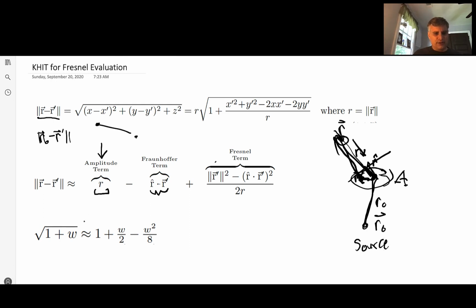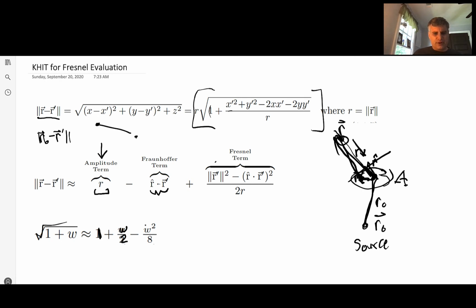Now, this may look like very sophisticated stuff, but in a way it's just the 3D equivalent of doing a Taylor series. We've factored this out in a way so that we have basically 1 plus a small term. And if I were to take any type of mathematical function that's the square root of 1 plus a small term, I get a dominant term that's 1. That's my amplitude term. My Fraunhofer term is like the linear correction to that, w over 2.